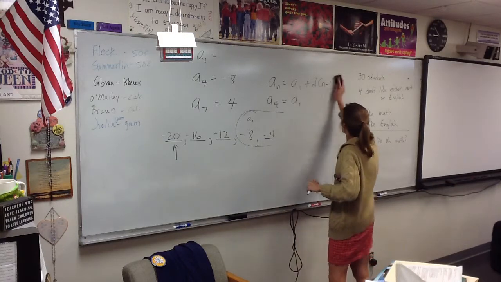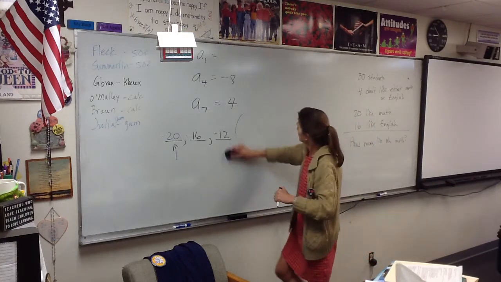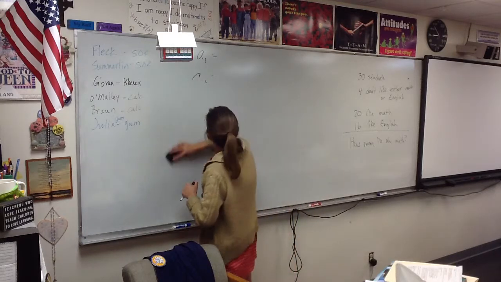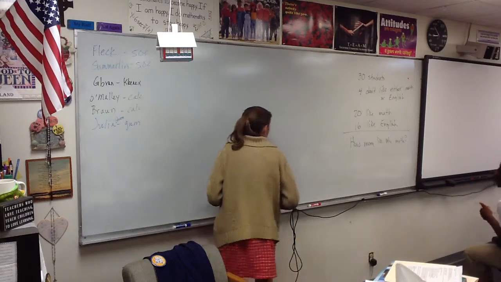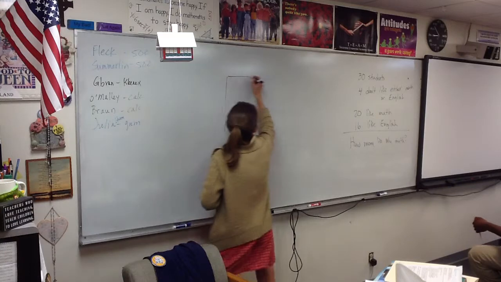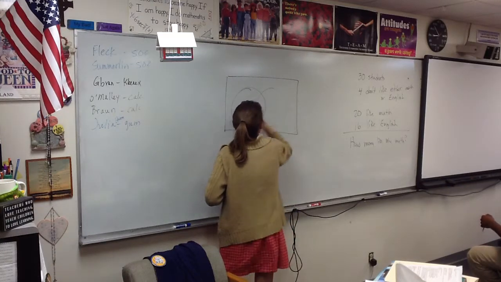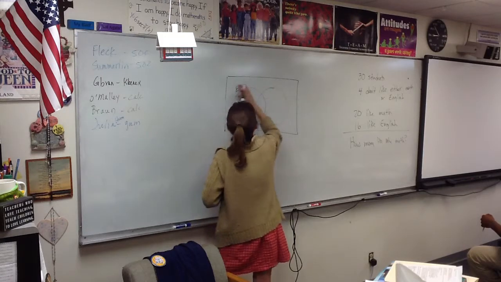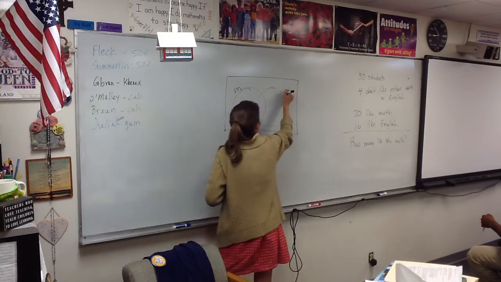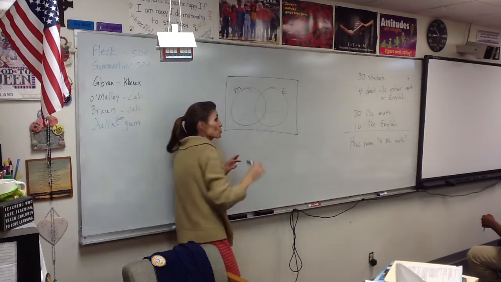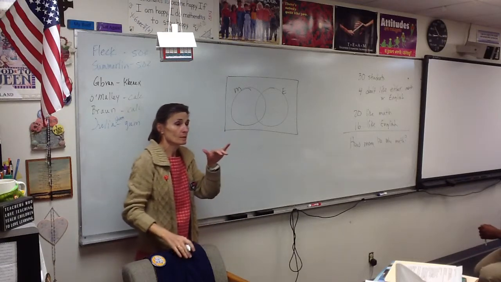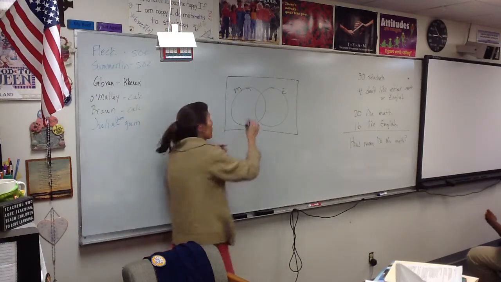Okay, what's your strategy? Venn diagram. Can I go to the board? It's 2 circles. Math, English. All right, now there's 30 people all together in the problem, right?